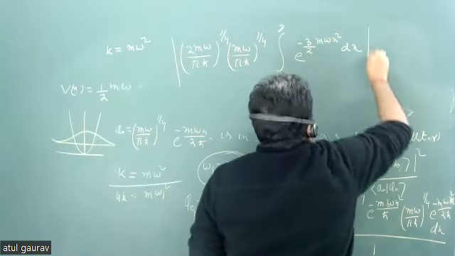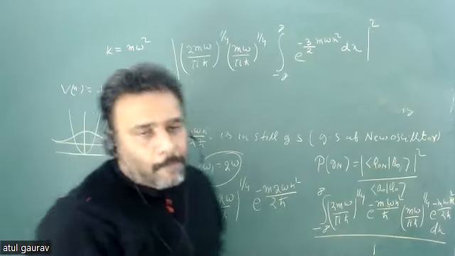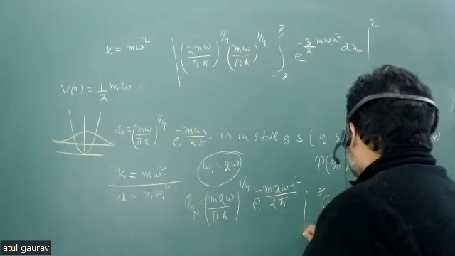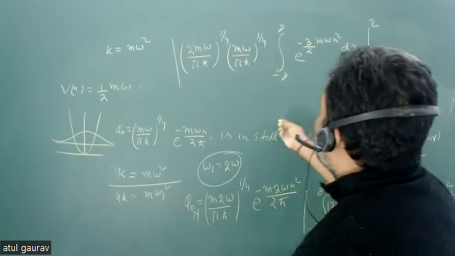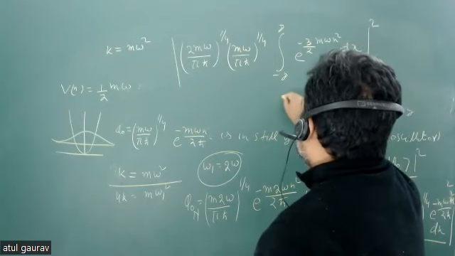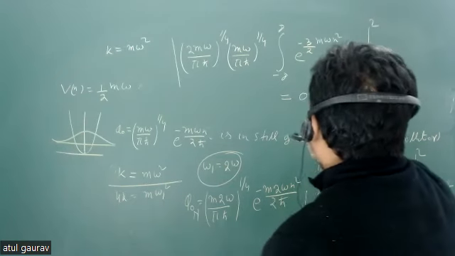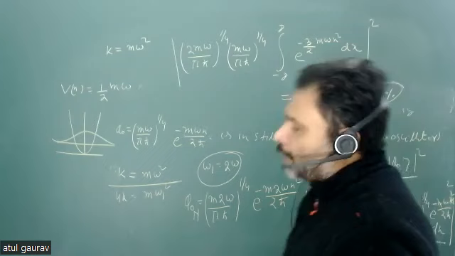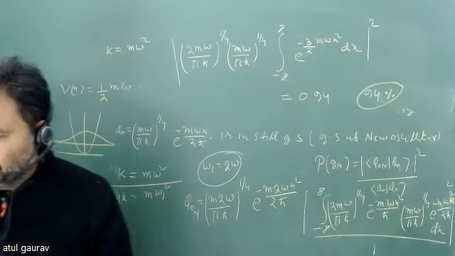And you have to take the mod square. Okay, अब तो हो जाएगा ना? Yes sir. You have to take the mod square also. And if you calculate it, you will get approximately 0.94. So 94% chance that your particle will still be in ground state.